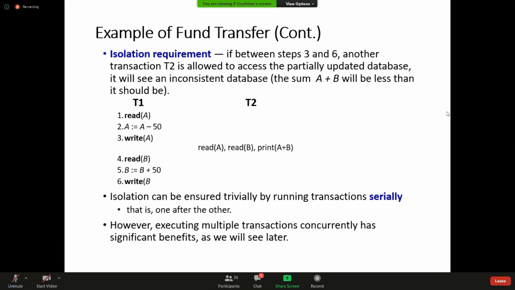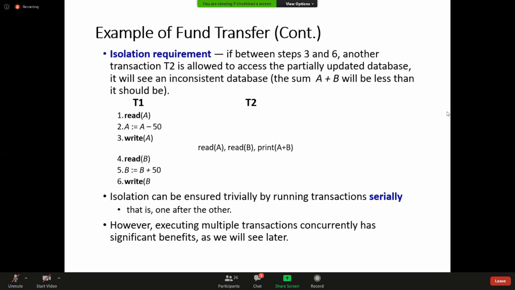Continuously like this, serially. Not in parallel, but one after the other.